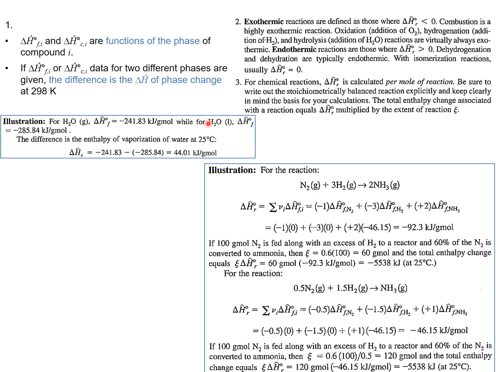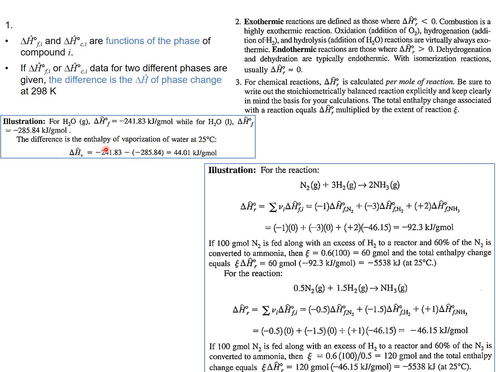So for liquid phase water, the formation enthalpy is minus 285, which is different from the gas phase value of 241. Then let me think about the difference between the values of gas phase and liquid phase in terms of formation energy. What is the meaning? The difference is the enthalpy of vaporization of water at 25 degrees Celsius.